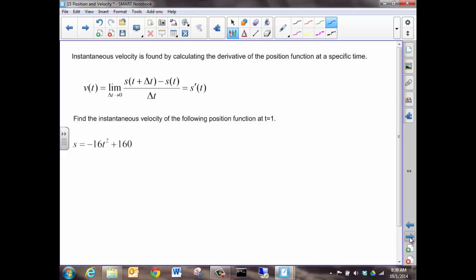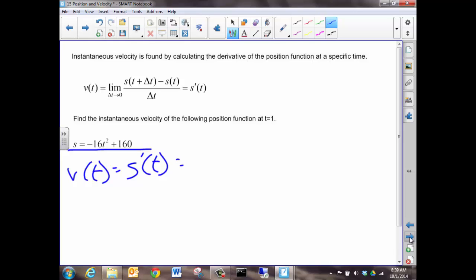Instantaneous. This is calculus. This requires calculus. What's the instantaneous velocity? You already know. It's the derivative, okay? The instantaneous velocity is the derivative. So if this is our equation for position, what is the velocity? The velocity of it is the derivative. What is the derivative of negative 16t squared with respect to t?